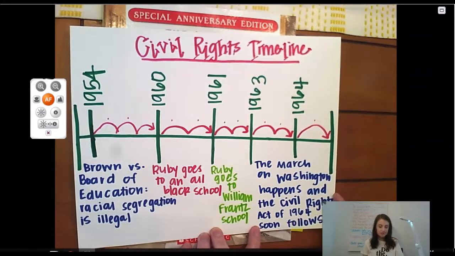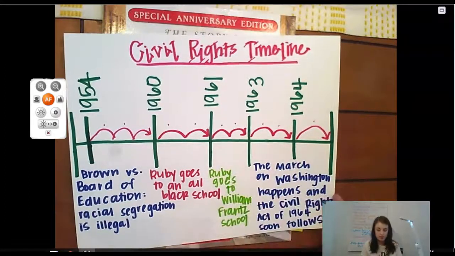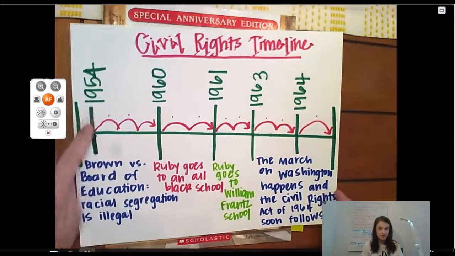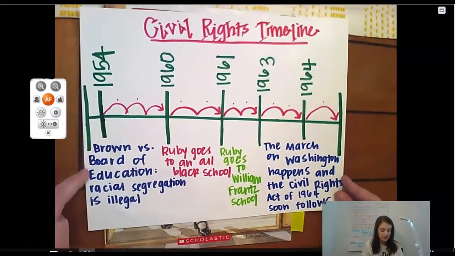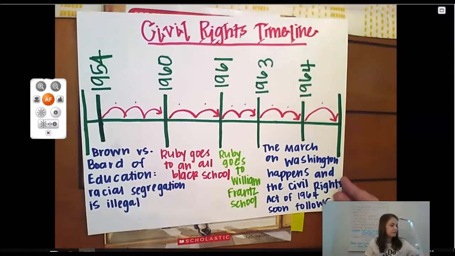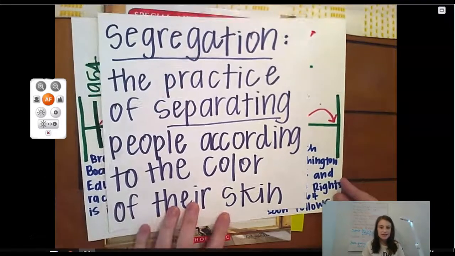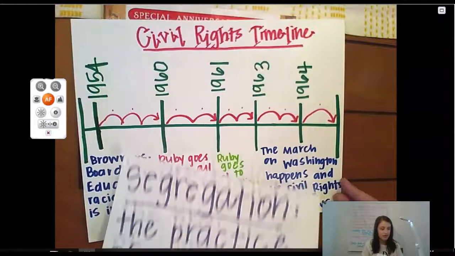But I want to share with you some of what happened in the years before the March on Washington occurred, okay? So in the year 1954, there was a law passed called Brown versus Board of Education. And it made racial segregation illegal, okay? And if you remember, segregation is the practice of separating people according to the color of their skin.